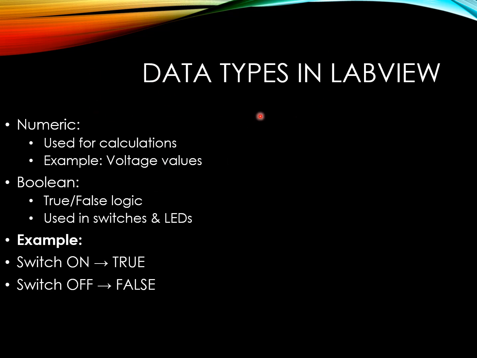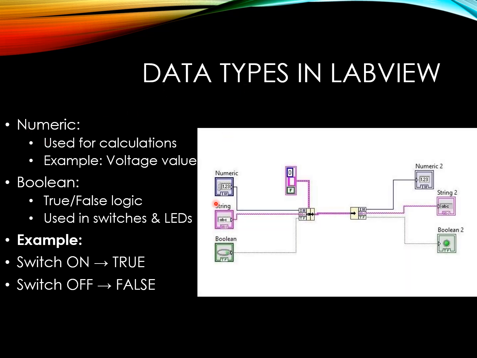In LabVIEW, there are different kinds of data types available, and it is for supporting the different parameters which it handles for processing the data acquisition. So numerical informations are handled separately as a separate data type, as in the figure. See, numericals are in a blue color representation.